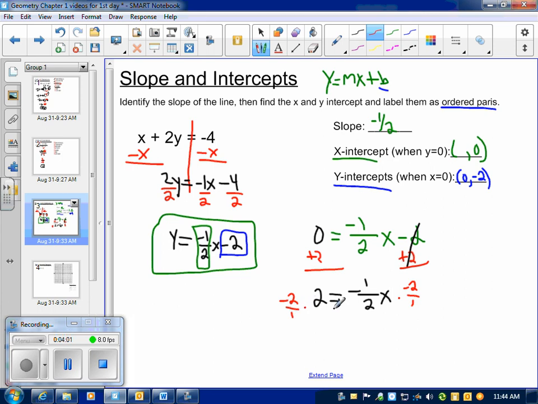Now, if I multiply both sides by negative 2 over 1, negative 1/2 and the 2 over 1 are going to turn into just positive 1, or just x. Negative 2 times 2 turns into negative 4. And now I have the x value for my x-intercept. Go ahead and complete that ordered pair as negative 4, comma 0.